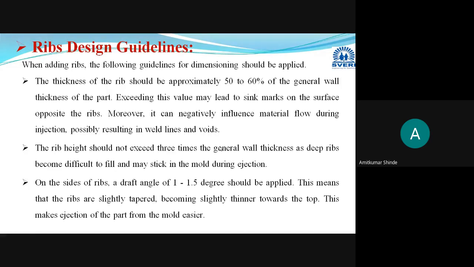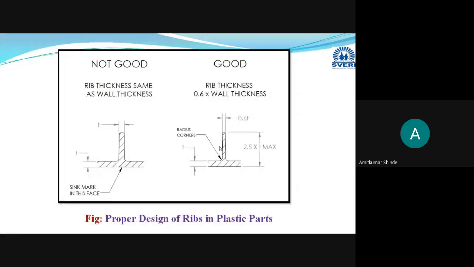Whichever wall thickness you have used for designing that plastic part, you have to take 50 to 70% of that wall thickness as the rib thickness. Okay, why are we going to do this? Because otherwise it will increase defects like sink marks. What are sink marks? That I will show you here.